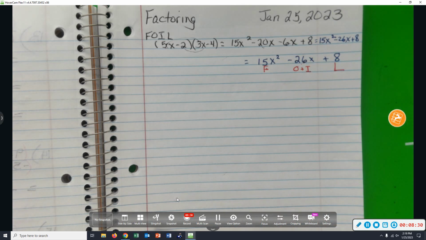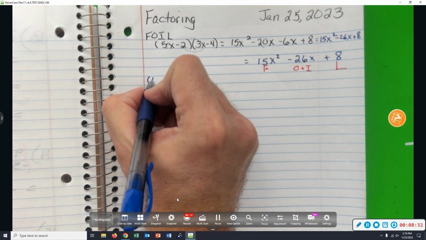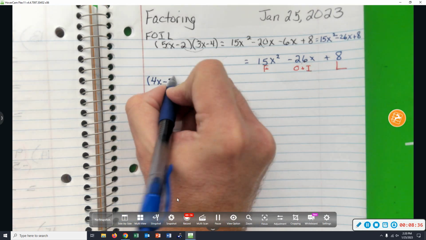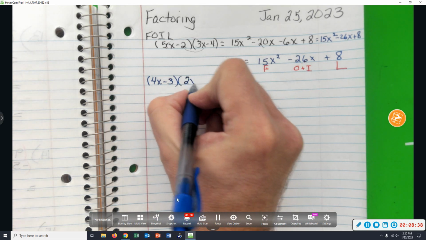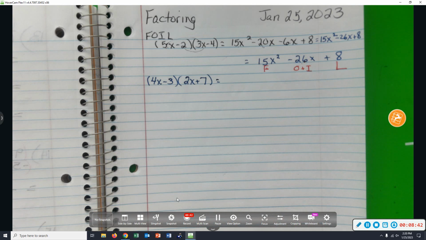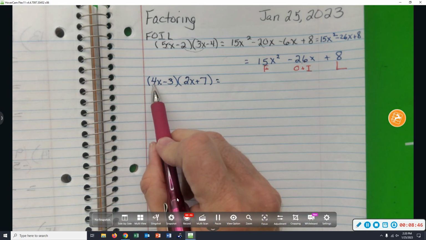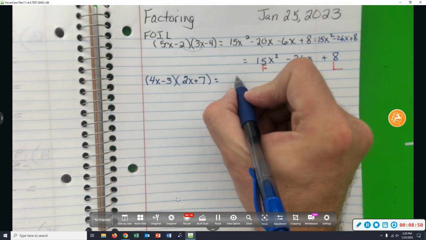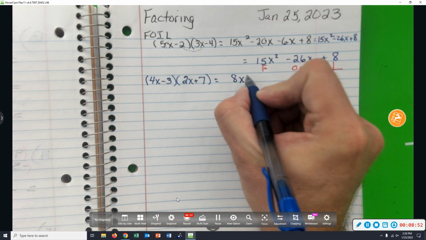Once more, let's do one more foiling. 4x minus 3 times 2x plus 7. Let's FOIL it out. 4x times 2x, 8x squared, right?